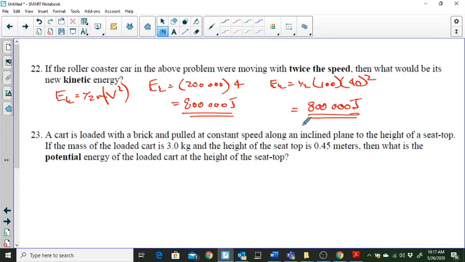Same thing. Here we thought about it and recognized that when the velocity doubles, the amount of kinetic energy is quadrupled. If it was tripled, then the kinetic energy would be 9 times greater. So the square of the velocity affects the kinetic energy. But you can also plug it in and it works out fine.